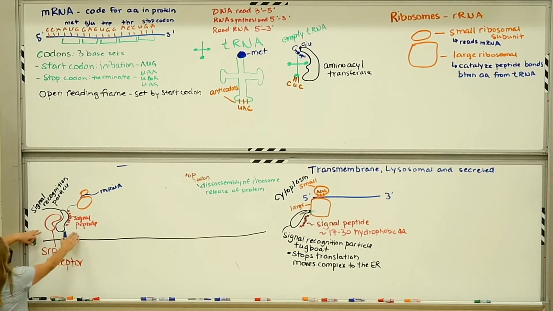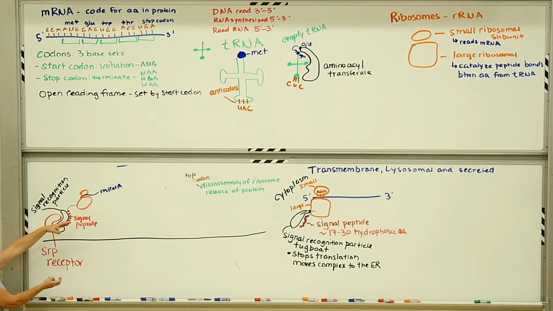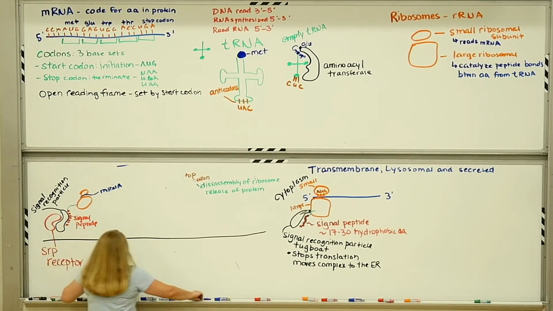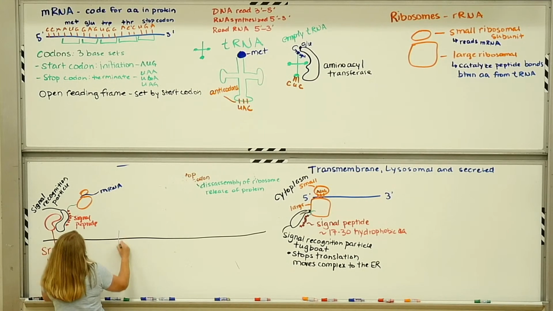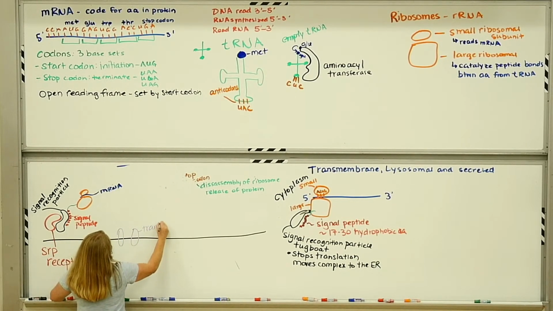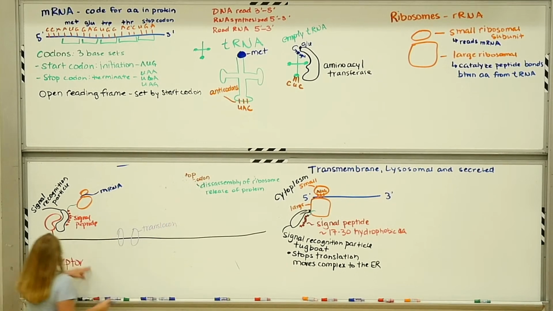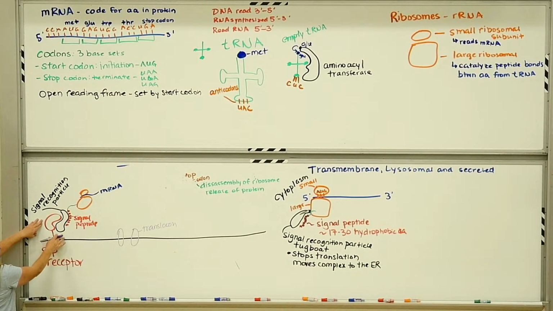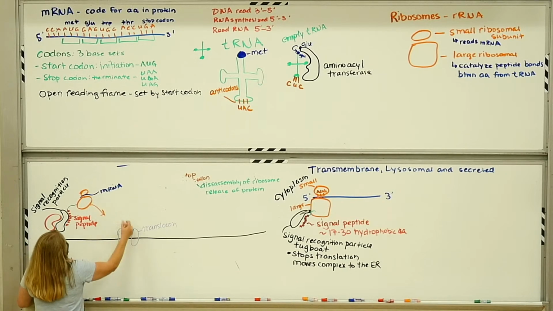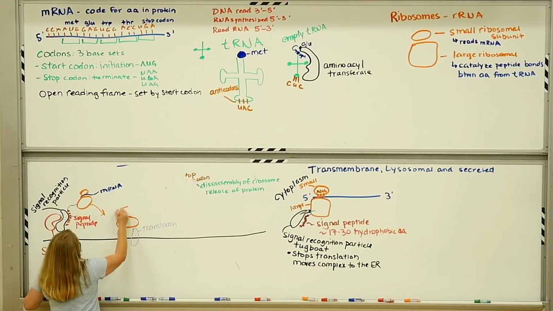Once this attaches the signal recognition particle to the SRP receptor, it's going to basically pull this whole thing close enough to the ER membrane that the ribosome can bind to a translocon. So this is step one, binding of the SRP to the SRP receptor. That's going to swing this ribosome down. So now it can contact this translocon.